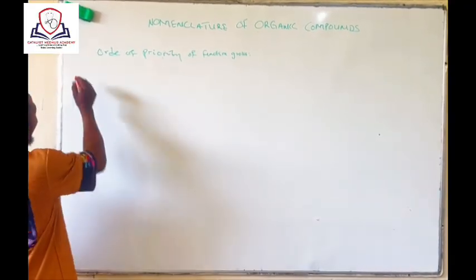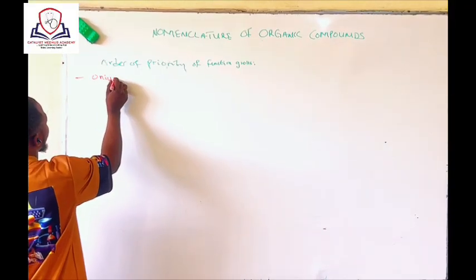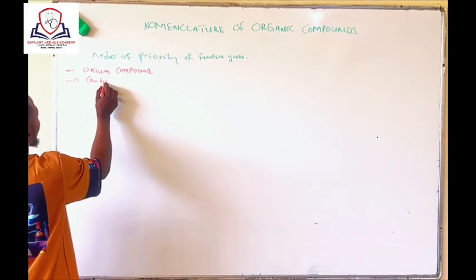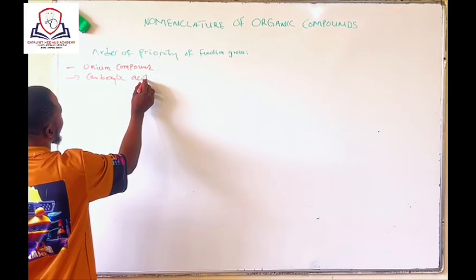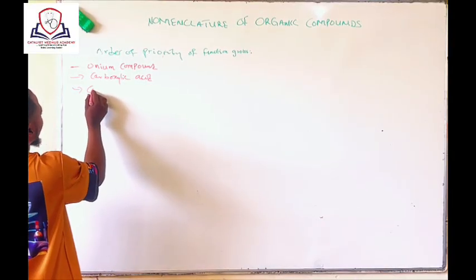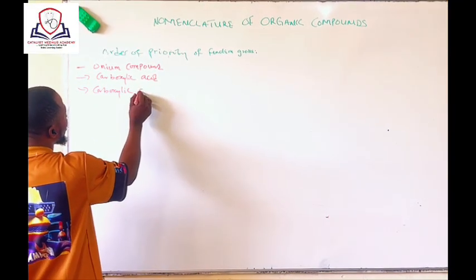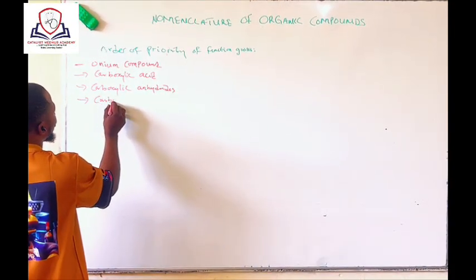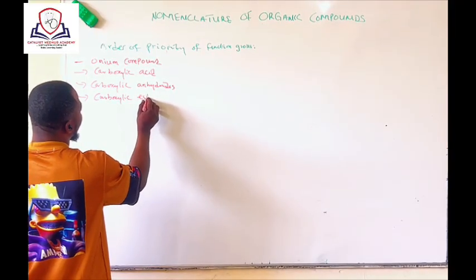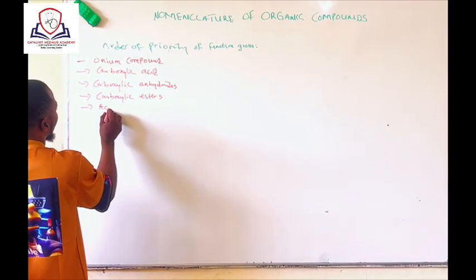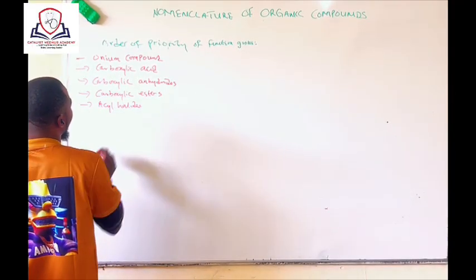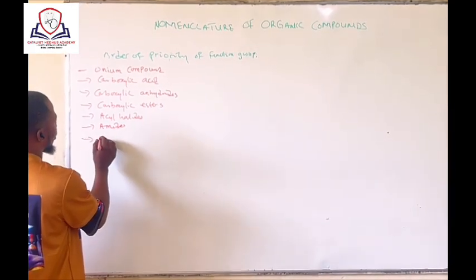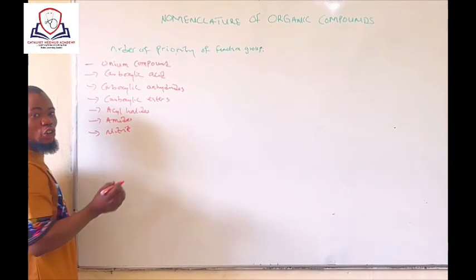The one with the highest priority is the onium compound, followed by carboxylic acids, carboxylic anhydrides, carboxylic esters, acyl halides, amides, and then there are nitriles.